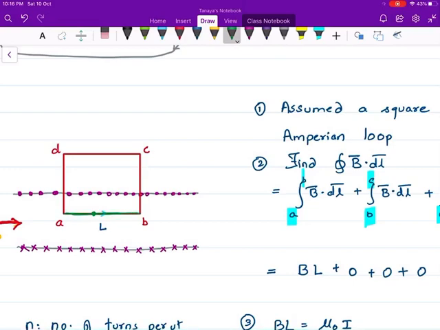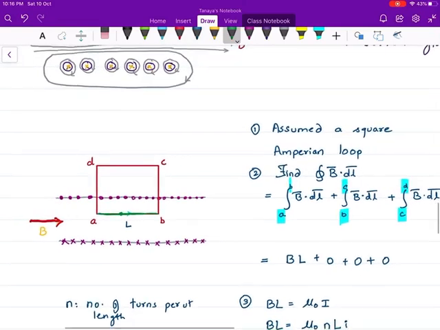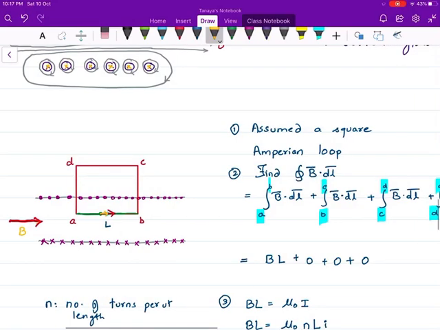Okay, now in this case, what is the direction of B? The direction of B, see, throughout inside the solenoid, the direction of B is constant. So the direction of B I can show like this. B is directed in this way. dl, what is the direction of dl? dl is also directed in this way, is it not? So what will I get?